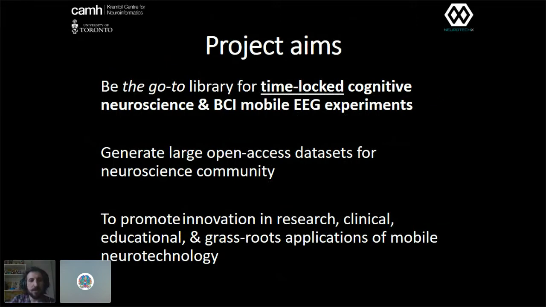Now, two things to say in addition on the first point. On the one hand, saying we want to be the go-to library for this is both ambitious and not ambitious, in the sense that it's ambitious to say you want to be the go-to library for anything, and honestly, we don't care so much about that.